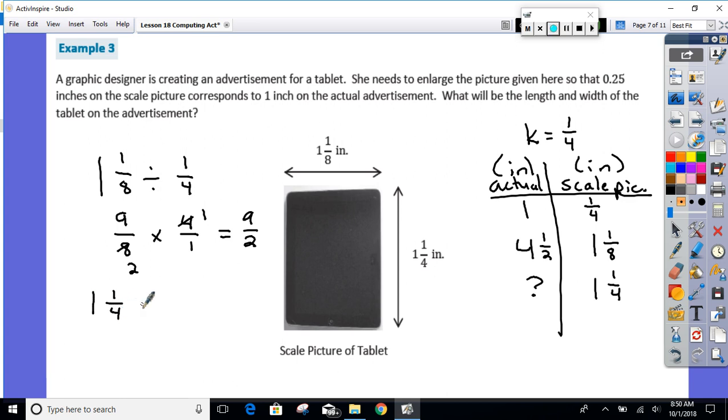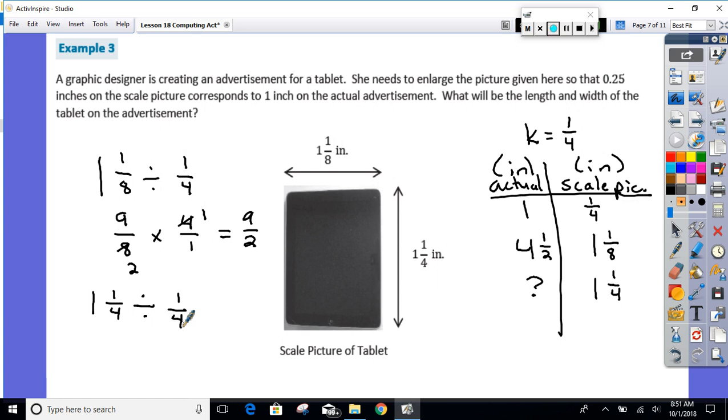Yes, good. That's like a tongue twister on a Monday morning. 1 1/4 divided by 1/4. Okay, so if we do that, does anybody have an answer to that you'd like to volunteer? Ava? 5. Yes, 5 is correct.